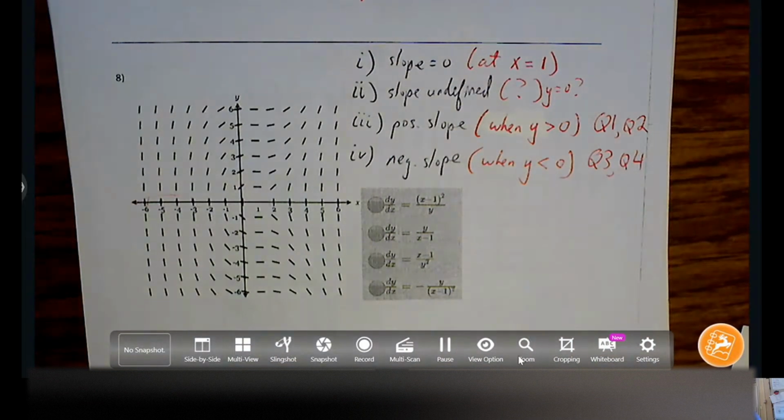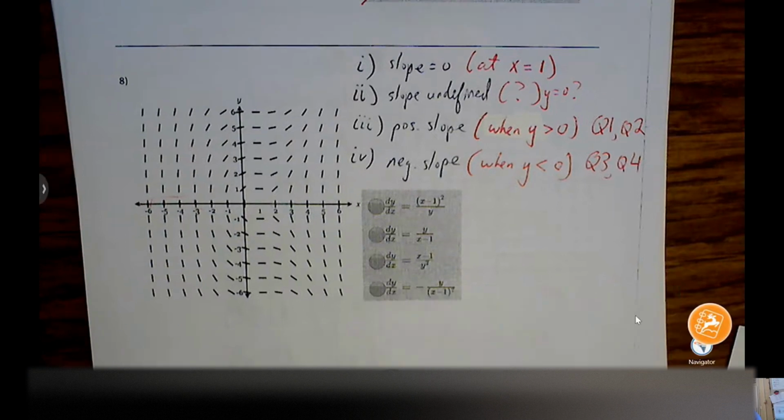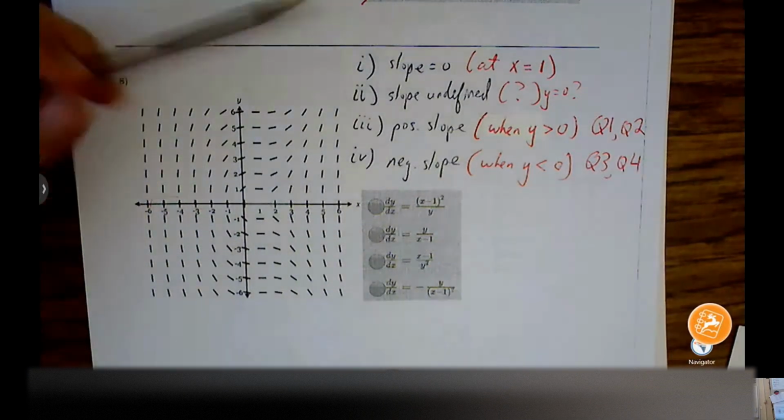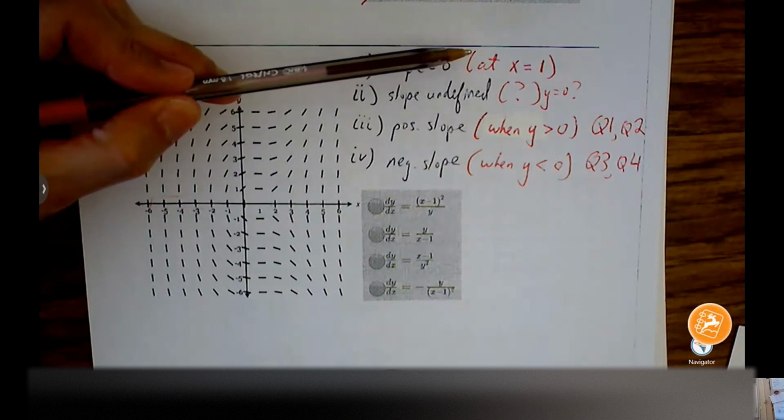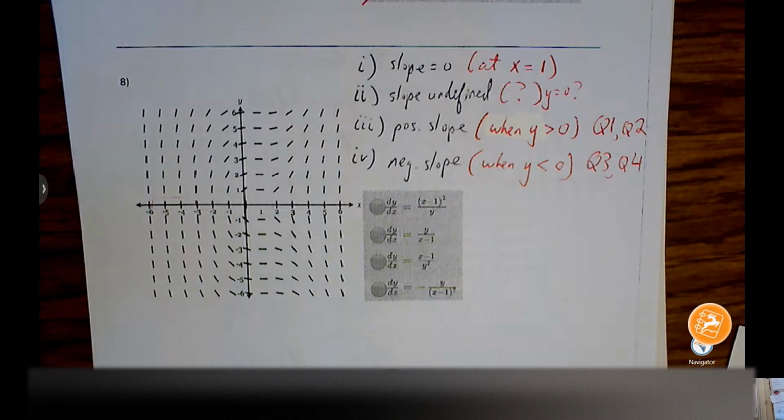Okay, but you have these other. All right, so now let's go down our list. I like to look for wrong answers so I can eliminate them. So that means if I replace x with 1, I should always get a slope 0. Which one is obviously not right? First one will be wrong.